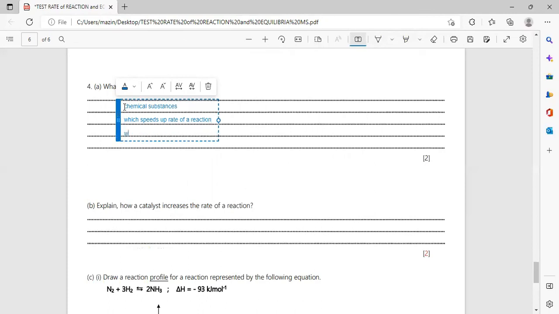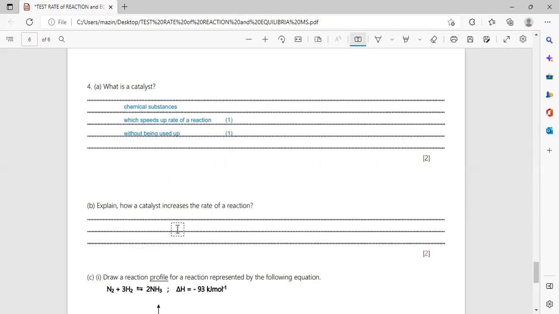And then the main point is without being used up. Don't write without reacting. They react, actually react, but not used up. Marks you are getting here is 1 and here is 1. Okay, these 2 marks you will get here.